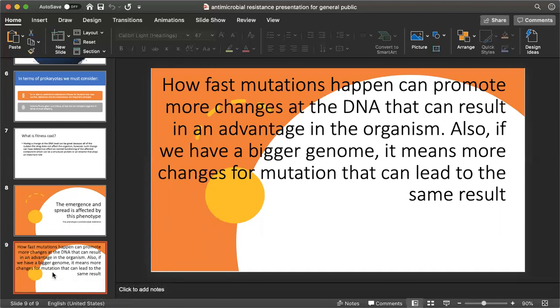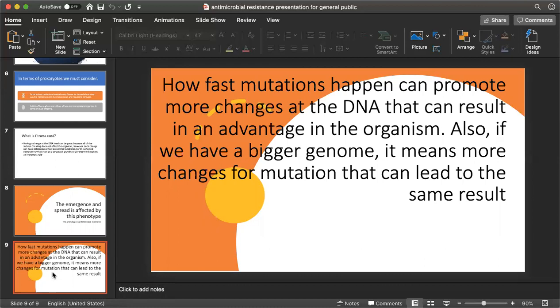Also, if you have a bigger genome, it just means that there are more chances that you have more mutations that can lead to this result, meaning that you have this adaptation mutation that allows the organism not to be affected by the drug.